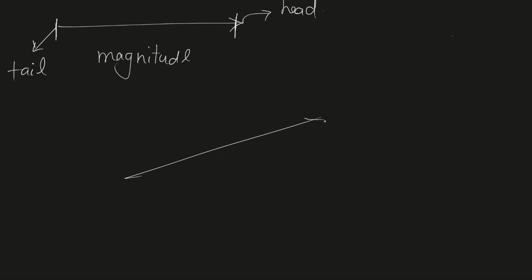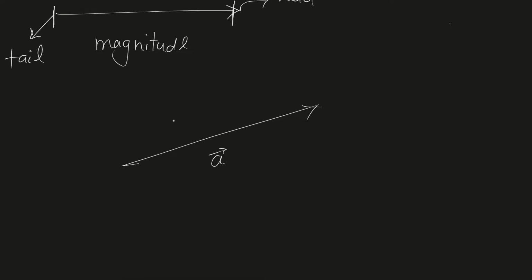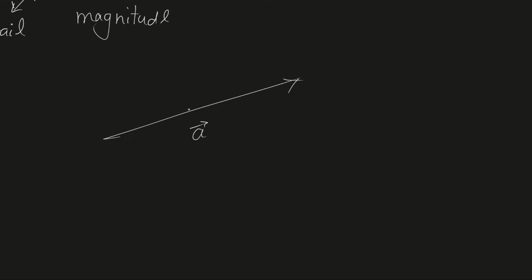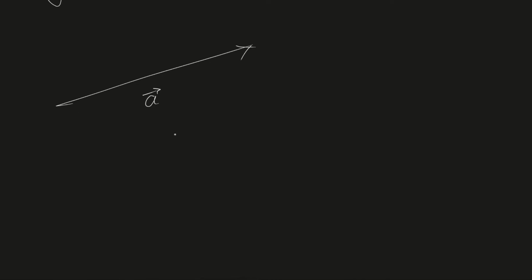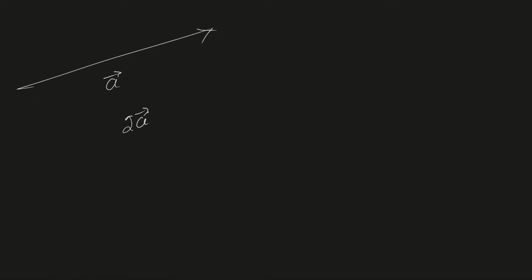Let's suppose this is the vector, I represent it as a vector. And let's suppose I have to make the 2a vector. Then it is parallel to the a vector only, but the magnitude is doubled.